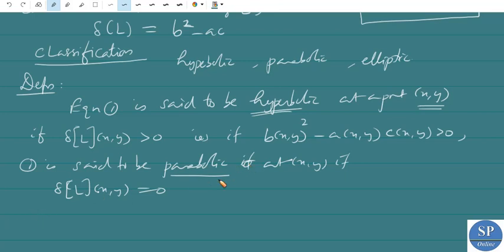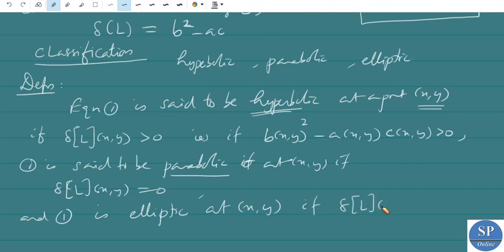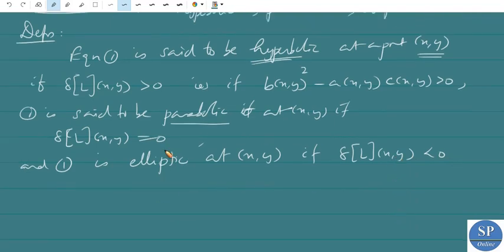And it is said to be elliptic at the point xy if delta L of xy is less than 0. So this given PDE is hyperbolic at a point xy if delta L at that point is greater than 0. If delta L at that point is equal to 0, then it is parabolic at xy, and it is elliptic if delta L is less than 0 at the point xy.